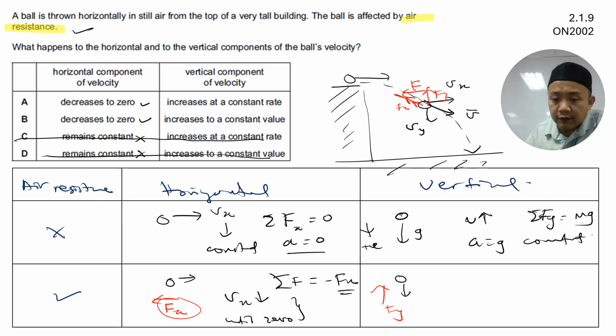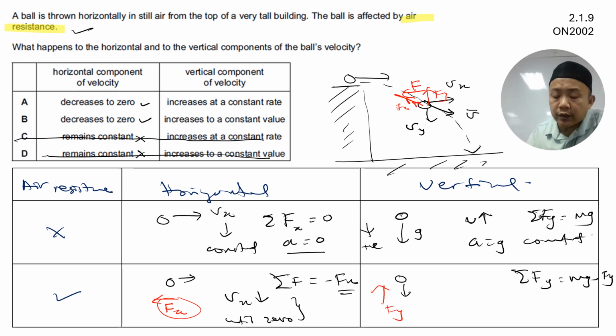Now what happens to the vertical motion here? In this case, we know that velocity will always increase without any air resistance. However, with air resistance it will increase at a decreasing rate, because the resultant force will be equal to mg minus Fy, where Fy is the resistance force opposing the motion going downwards.